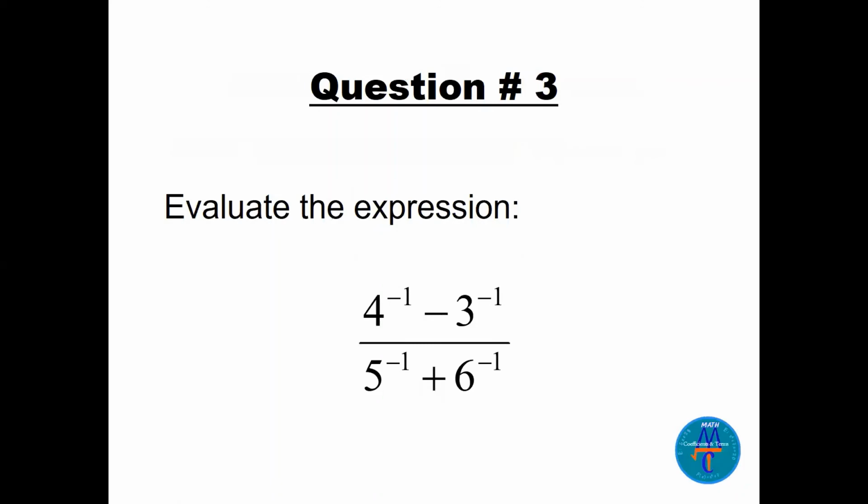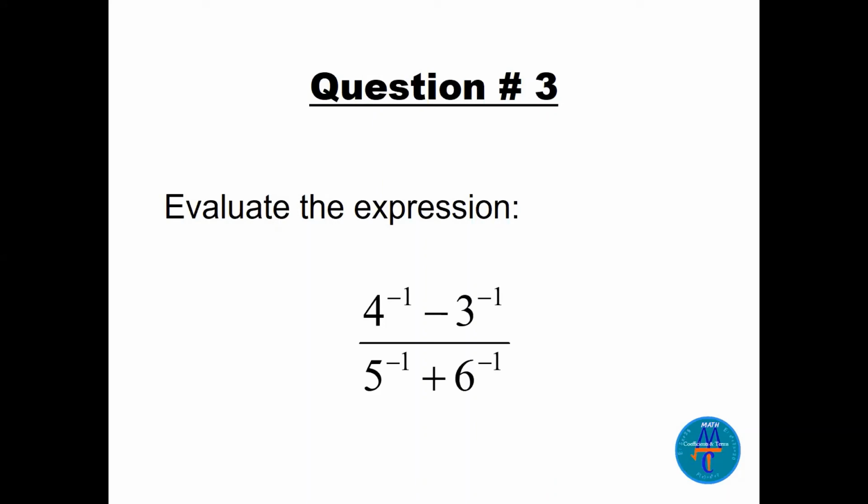This is the one I have showed you as an example. You cannot take up and down because we have pluses and minuses. Can you figure out the answer, please? The question says, evaluate the expression.